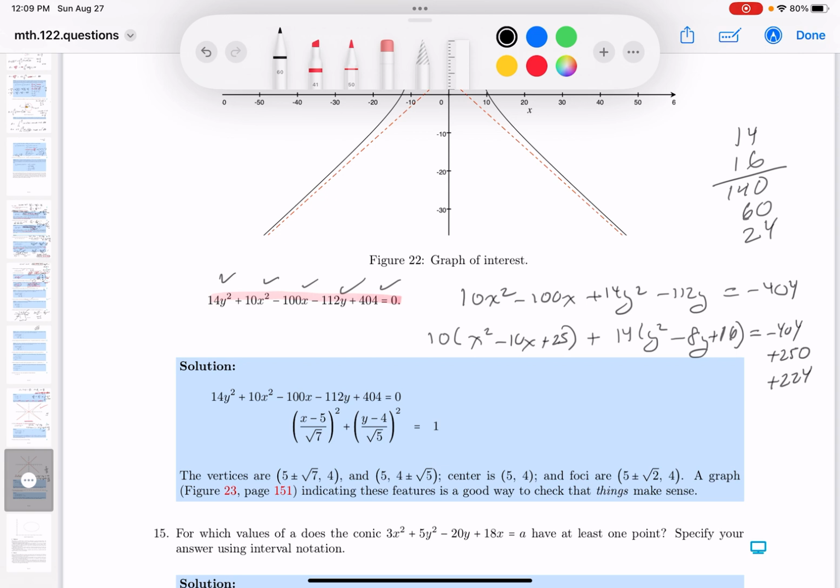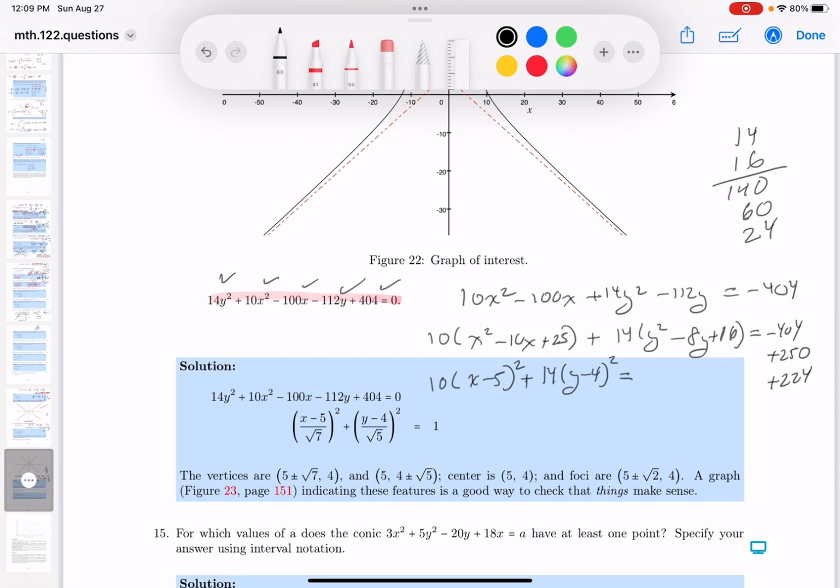Let's write it down. 10 times (x minus 5) squared plus 14 times (y minus 4) squared equals, I've got to do the arithmetic here. Let's do a couple of things at one time.